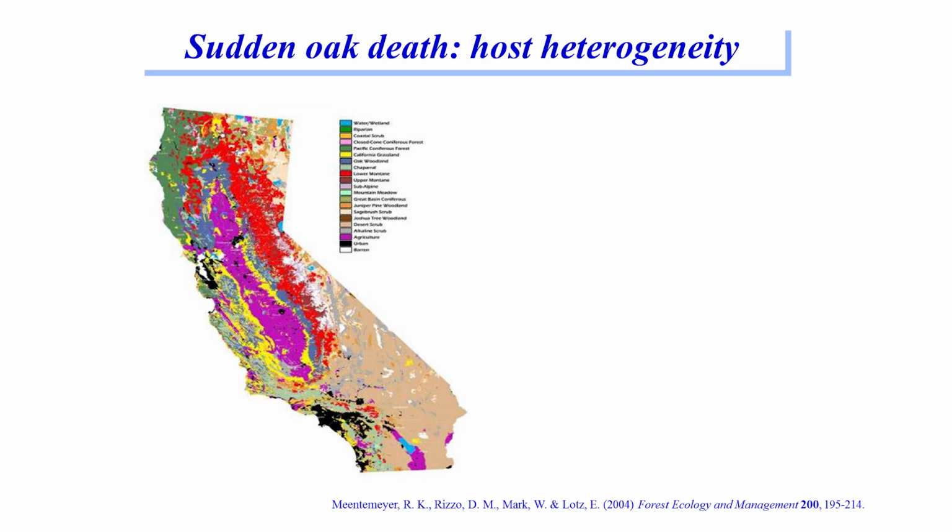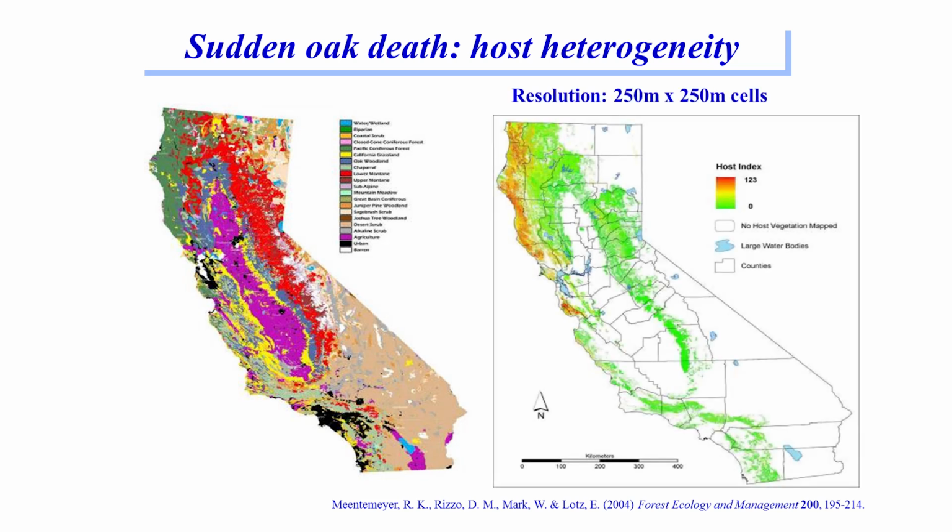We need to think about that vegetation map in terms of where the susceptible hosts are. So we take this complex map, think about the species that can be infected and the density with which they occur, and we scale this. It's on an odd scale here, but it's essentially 0 to 1.